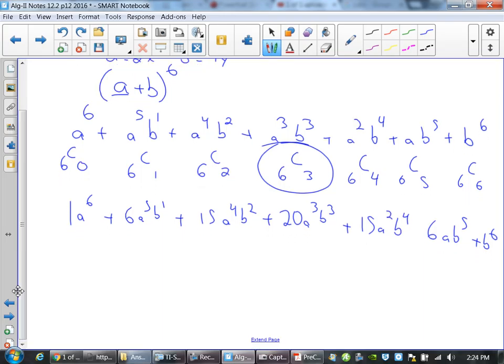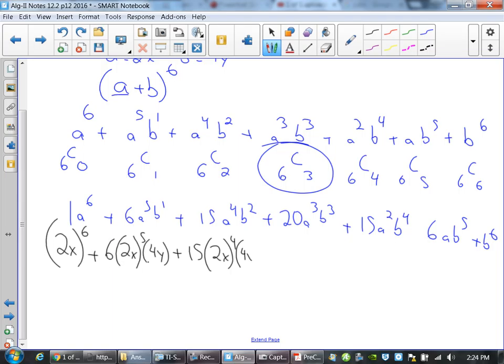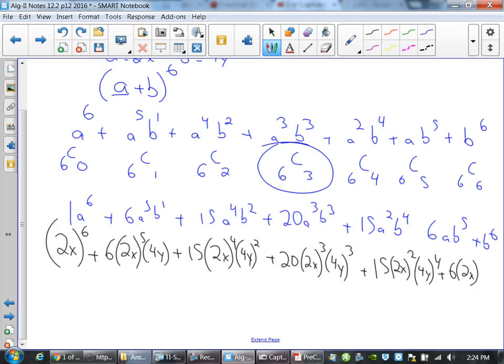I have 2x to the 6th plus 6 times 2x to the 5th times 4y, plus 15 times 2x to the 4th, 4y squared, 20, 2x cubed, 4y cubed, 15, 2x squared, 4y fourth, running out of space, 4y sixth. Sorry about that. And this is where you just start multiplying things together.